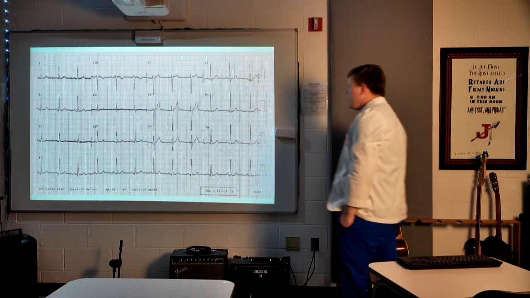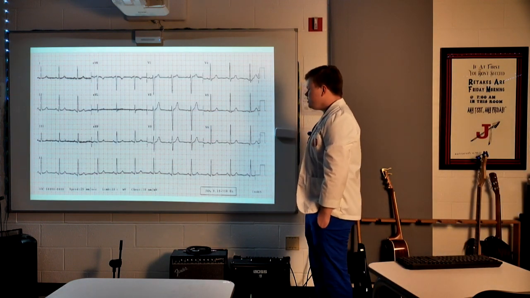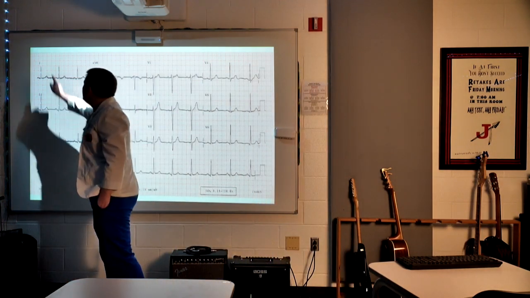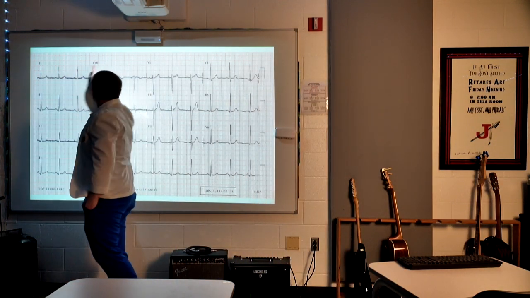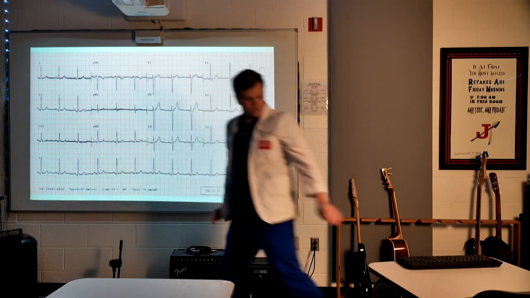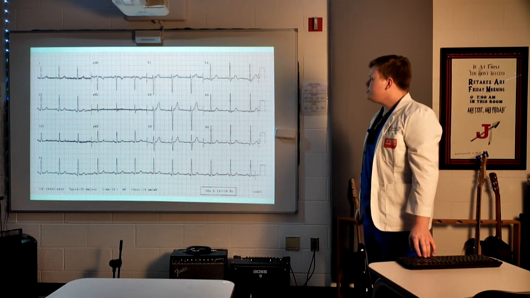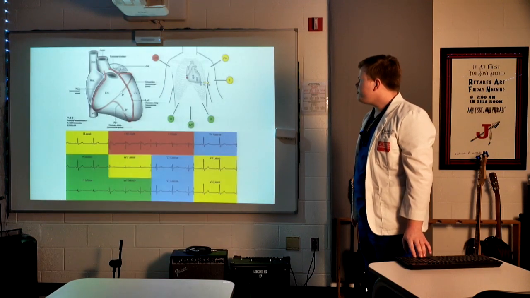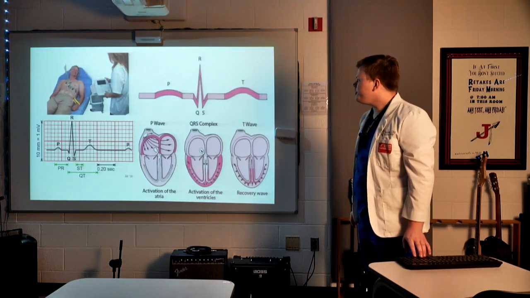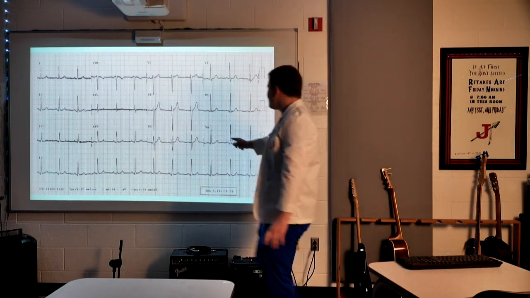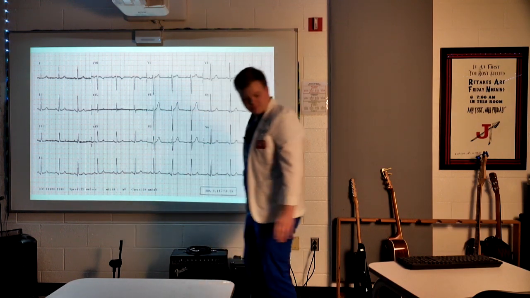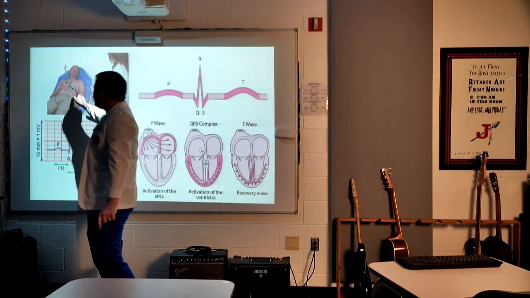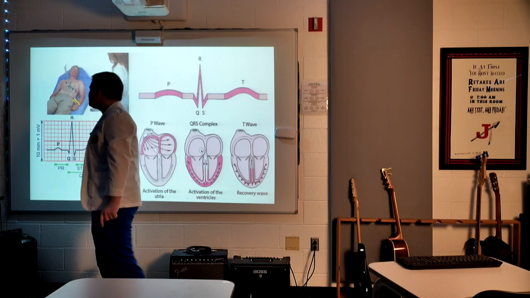So this is a picture of what a real EKG looks like. So we can see that we have various numbers and letters up here, and those are each attributed to different locations. Let me see if I have a better picture of that. No. So each of those numbers and those letters correspond to individual stickers placed on the body.